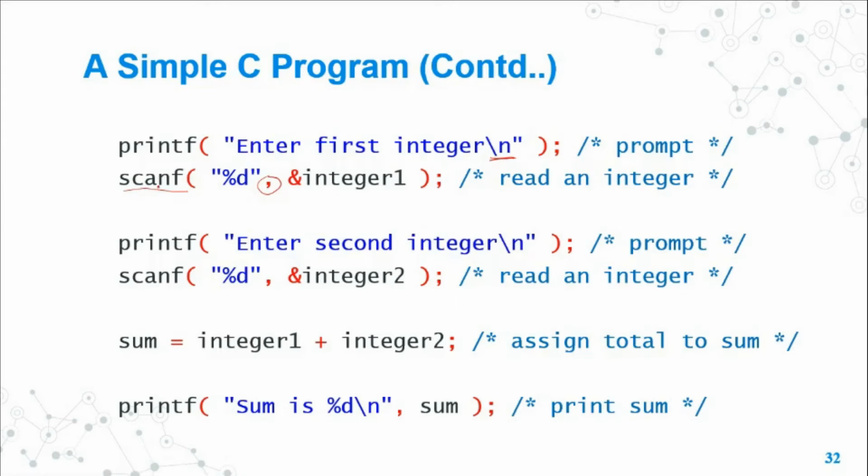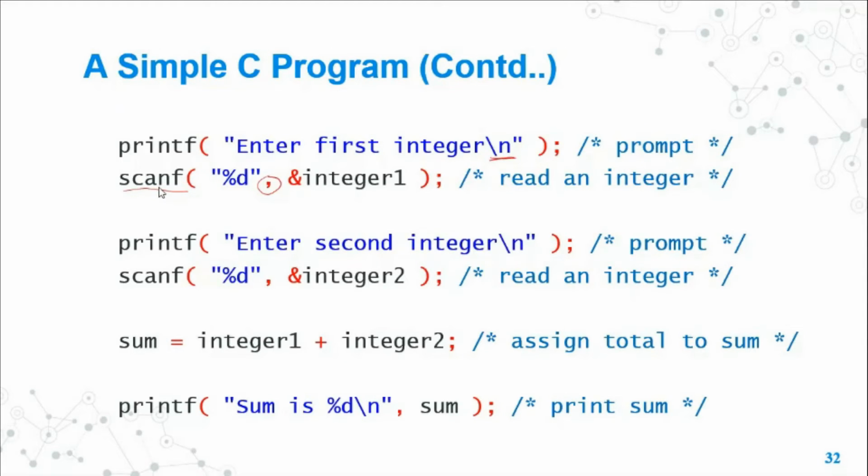What scanf actually does is it takes in, or reads, values input by the user. printf displays or outputs some message to the screen, and scanf reads some value into the computer or into the program.